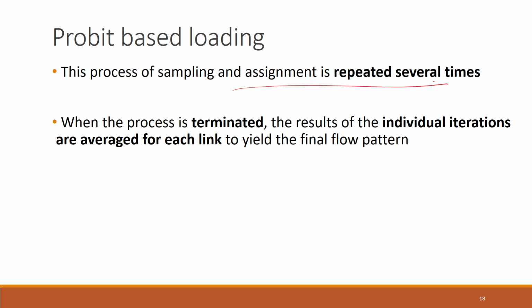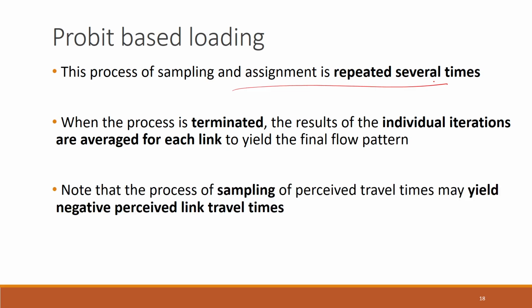For example, for a particular link, suppose you got 1 unit of flow in one iteration, in the other iteration you get 10, then 5, suppose there are 3 iterations. So the average flow on the link is 1 plus 5 plus 10 divided by 3. You do this for all of the links, and in that way we get the average flows across these different links.